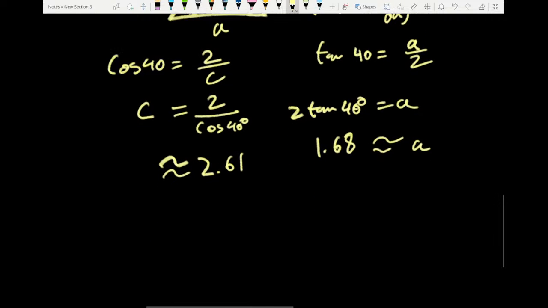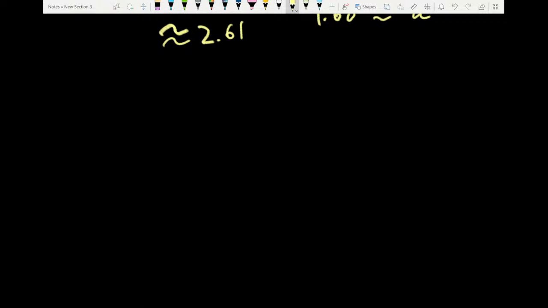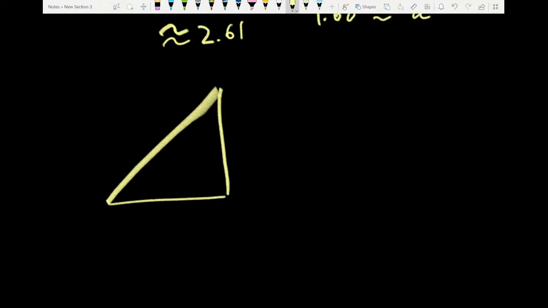So let's try a little bit more difficult one. Two, three. So I want you to find all the missing sides and angles.